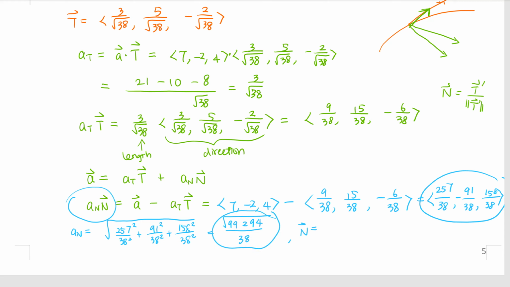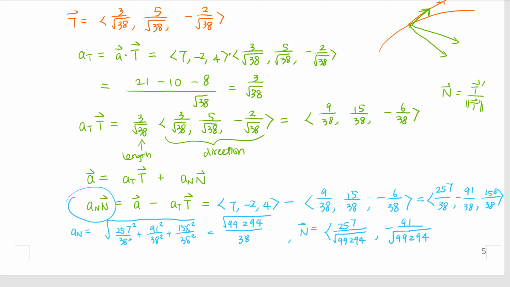When you divide, your denominator 38 gets cancelled, and it replaces your denominator from 38 with this big giant square root of 99294. So we have 257 over square root of 99294, negative 91 over square root of 99294, and 158 over square root of 99294. Whew. That finished the problem.